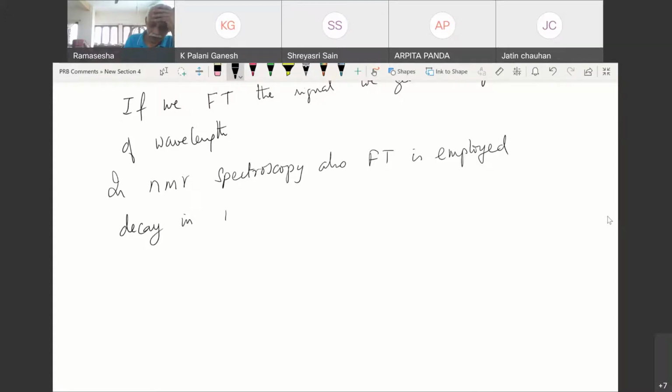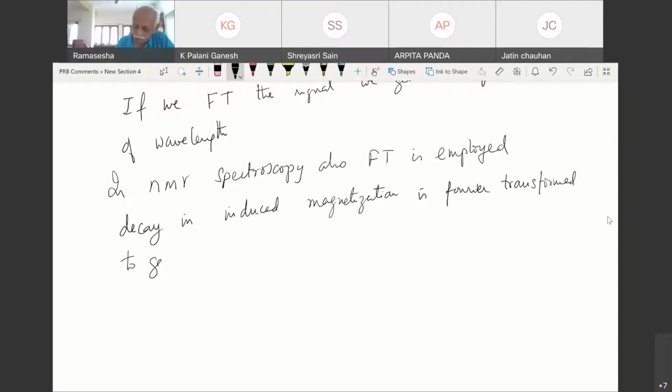Okay, if there is Fourier transform, to get the NMR.